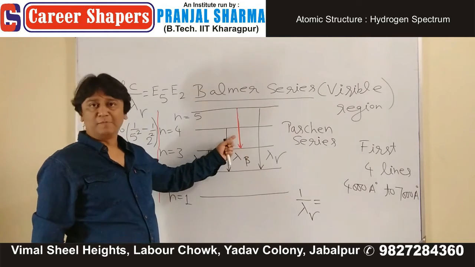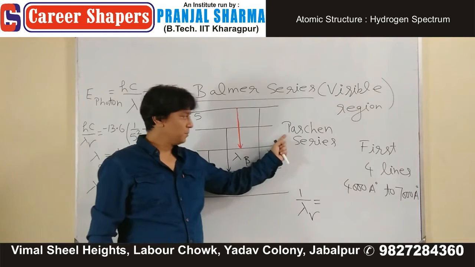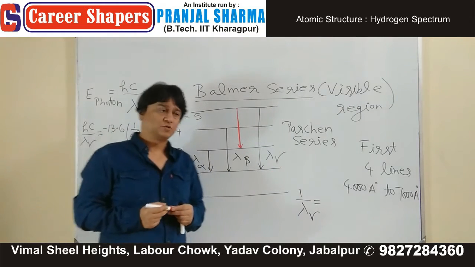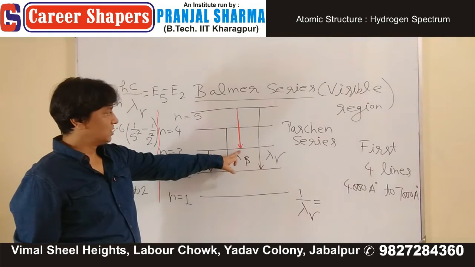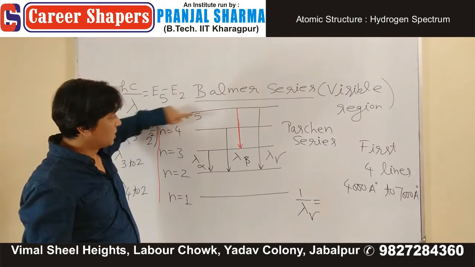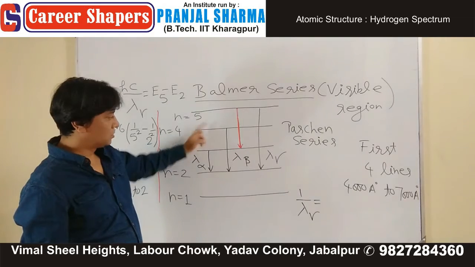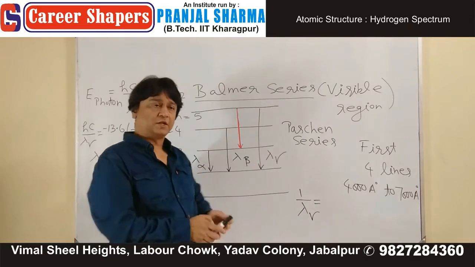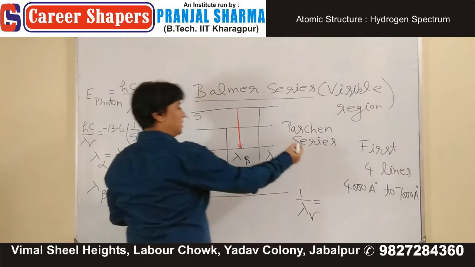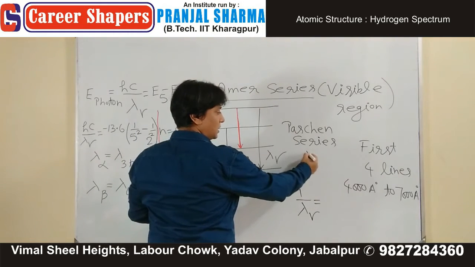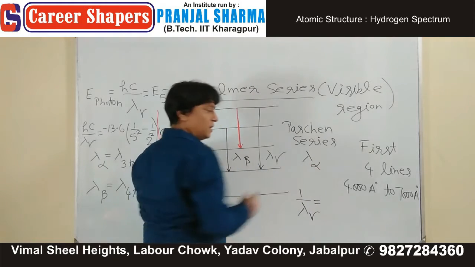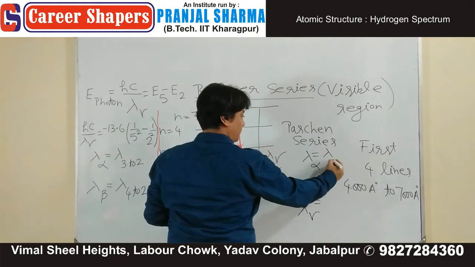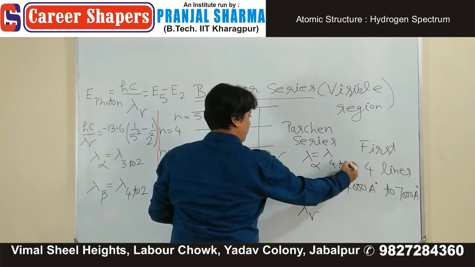This will be lambda alpha for the Paschen series. Alpha stands for the first one. First means the first jump is from 4 to 3. So for the Paschen series, lambda alpha will be lambda from 4 to 3.